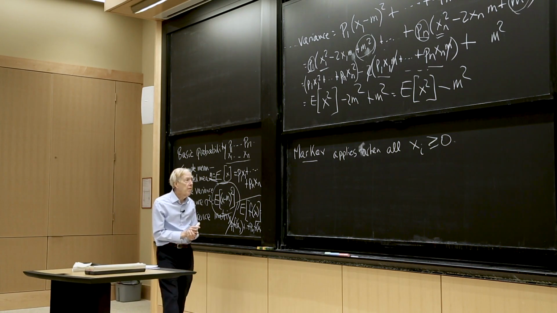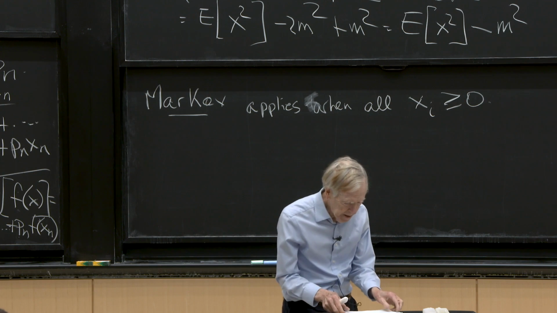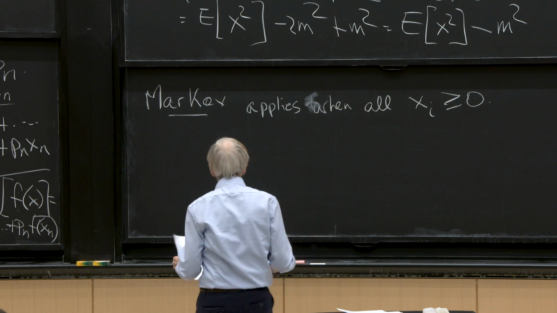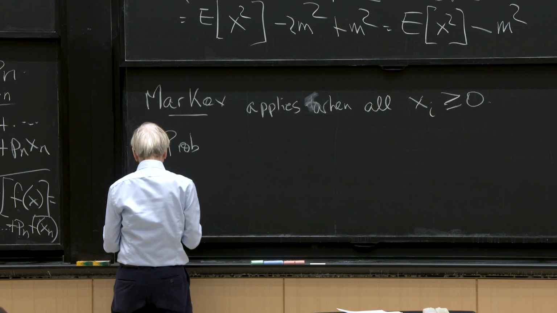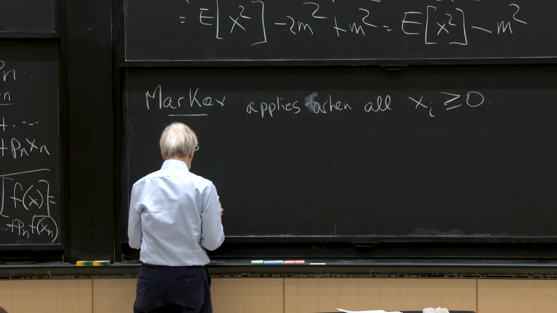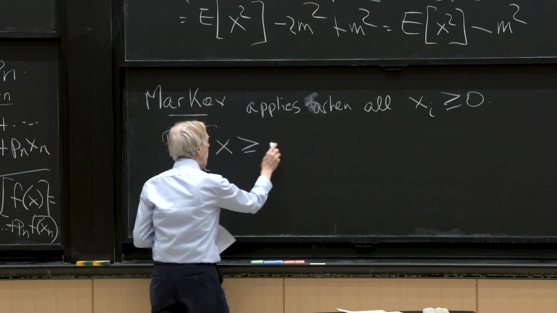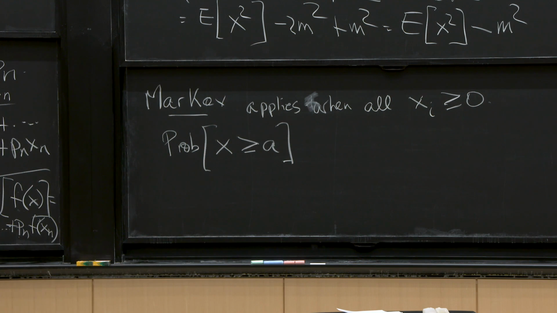So what does Markov say? Let me be sure I get it right, because I'm not a pro at this. It's natural to want to estimate the probability that x is greater or equal to some number a. Get some idea of what's the probability of x being greater or equal to a. So what do we know?